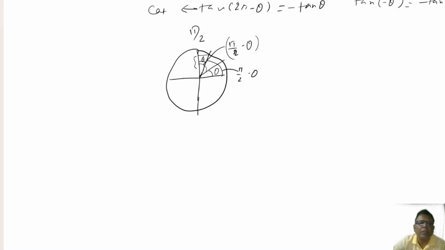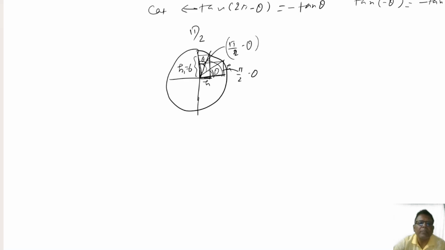So here the height h1 will be equal to the base, because this angle and this angle are same, and this height was h.